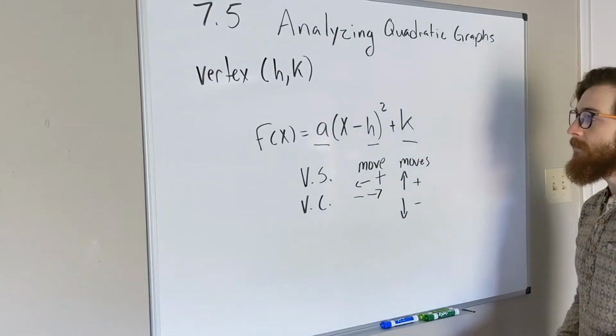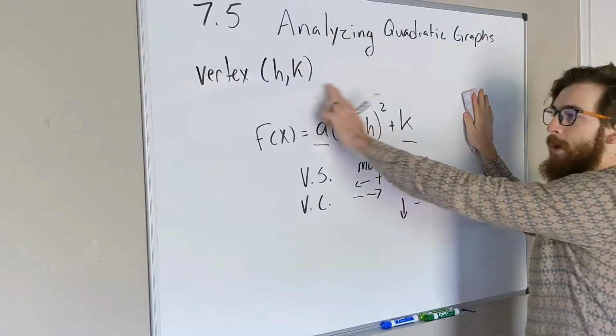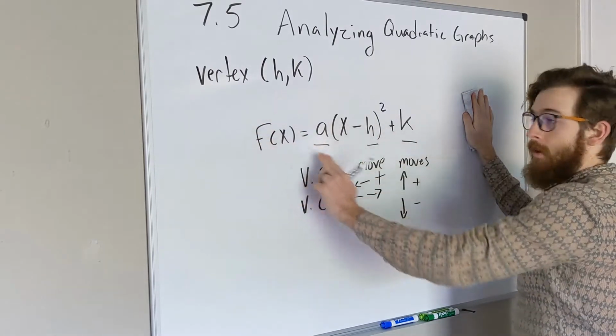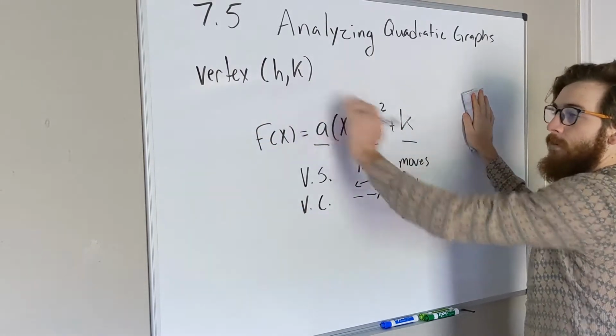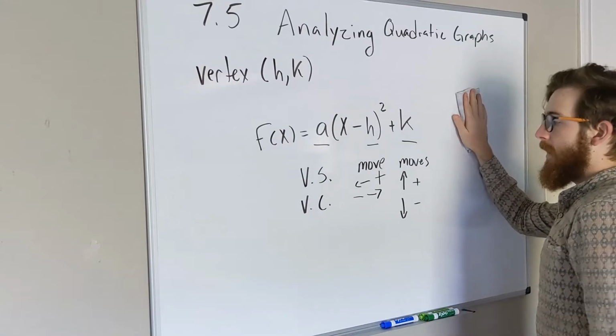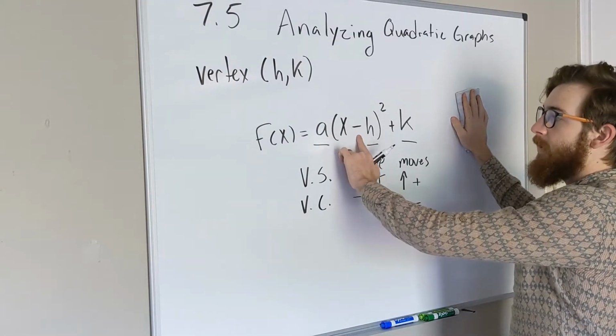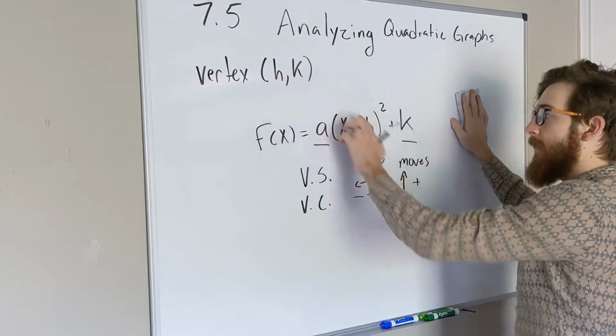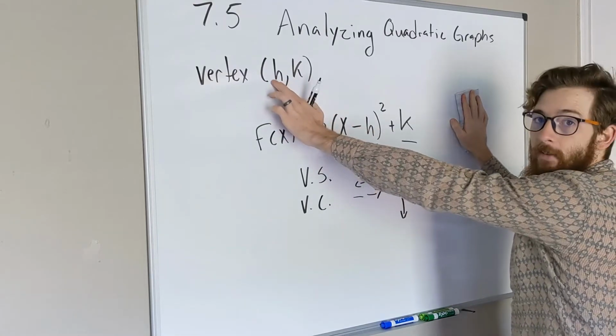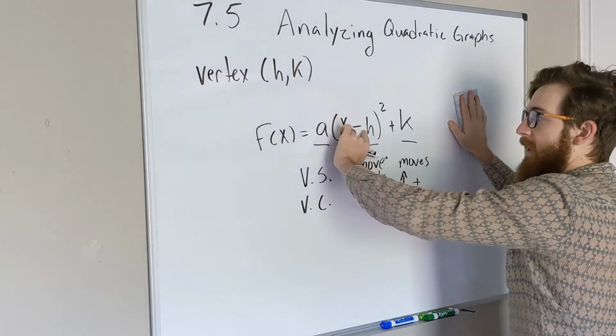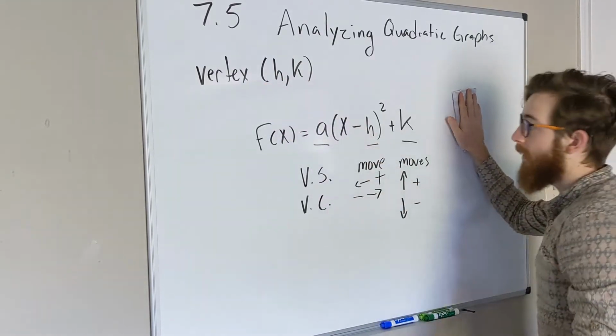And so if we have something written in this form, we're going to use h and k for our vertex. And once again, if h is negative here, it's positive here. If it's positive here, it's negative here. Once again, it's backward from what you might think.